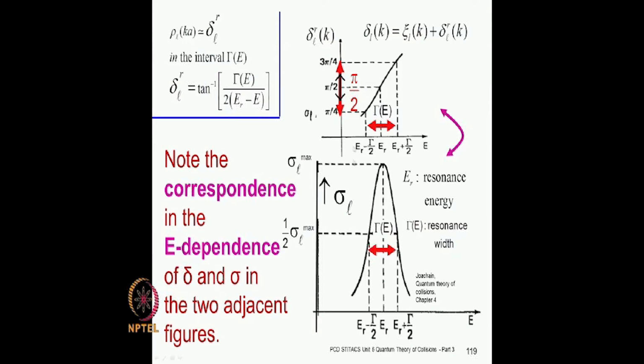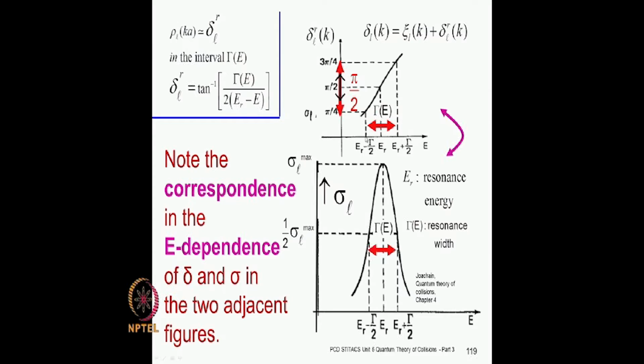Now observe the correspondence between these two figures. Both are plotted. Here in the upper figure I have the phase shift, which is the resonance phase shift delta superscript r, and in the lower figure I have the scattering cross section. Both have been plotted against energy, and the energy horizontal axis has more or less the same scaling.